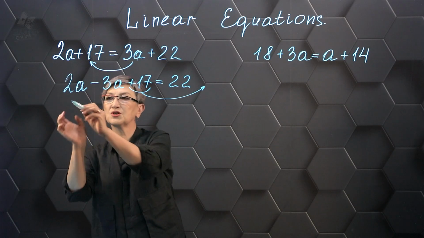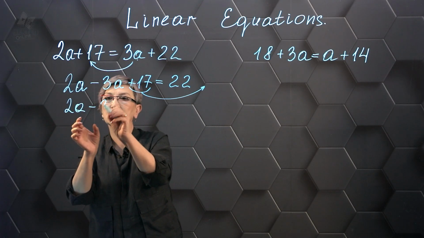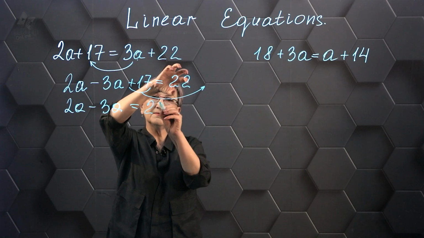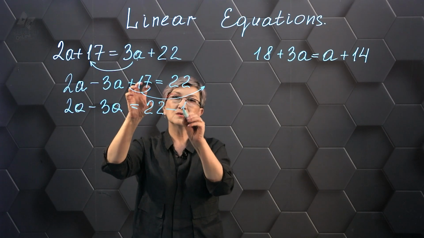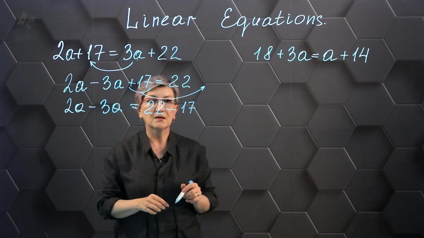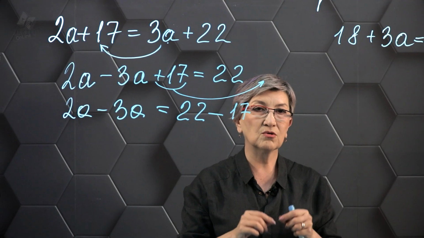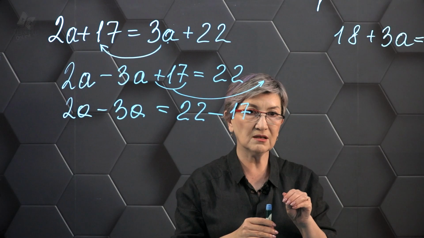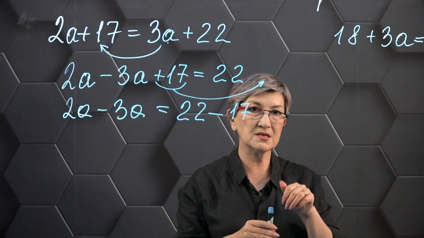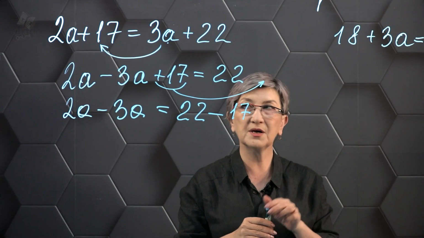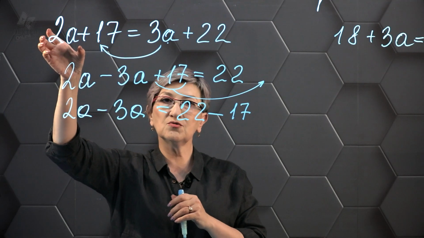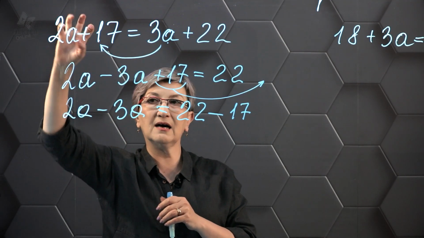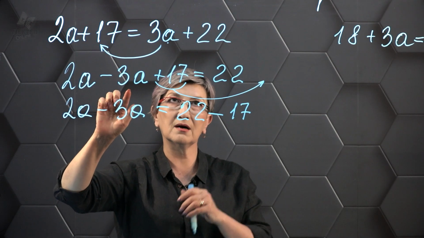What do we get as a result? 2a minus 3a equals 22 minus 17. When solving equations, I encourage you to start with the numbers that are already written in this section. What am I talking about? On the left side, we had 2a. I carry over to 2a the 3a. The result is minus 3a.